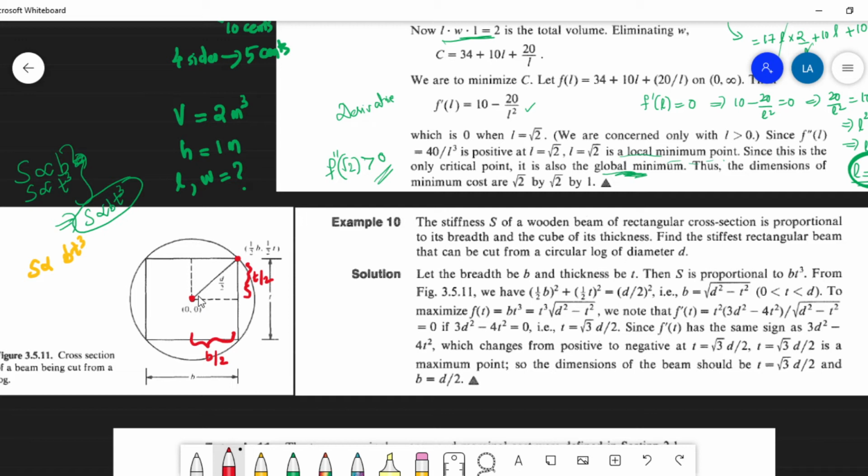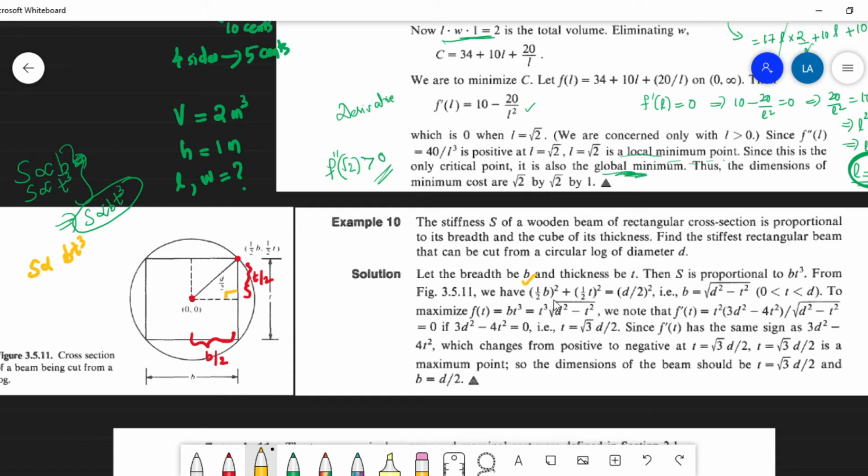So if d by 2 is the radius of that circle, and this is definitely b by 2, and this is actually a 90-degree triangle. So using the Pythagorean property, you can say that b by 2 the whole square plus t by 2 the whole square is equal to d by 2 the whole square. That is what is written here.